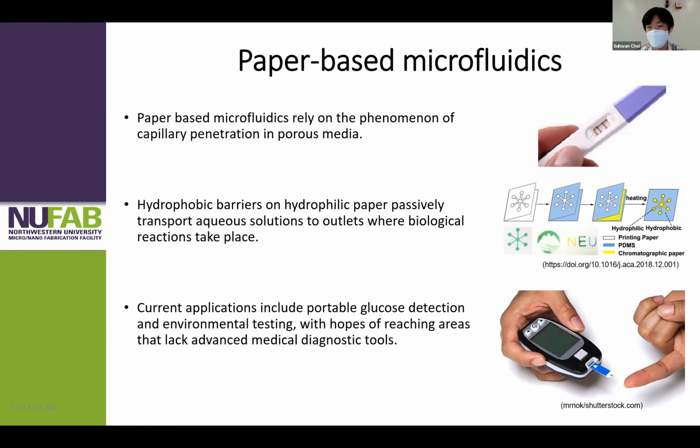Then the paper is sandwiched with a hydrophilic chromatographic paper, so that it only works within these chromatographic papers. Another example is glucose detection, which is also an application of paper-based microfluidics.